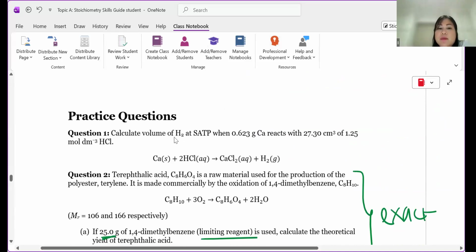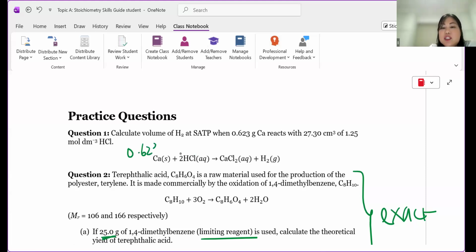So we just find the other example: calculate how much H2 will you get when this amount reacts with this amount. The calcium is 0.623 and the HCl is 27.3 and 1.25 mole per dm cube.